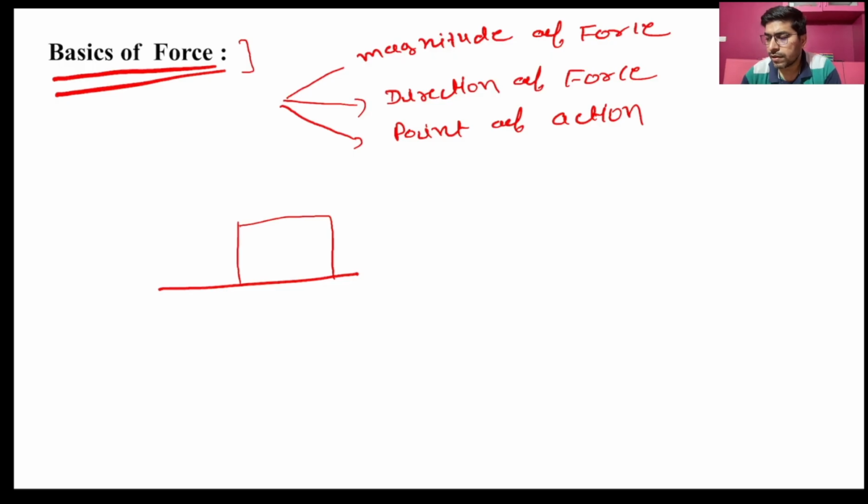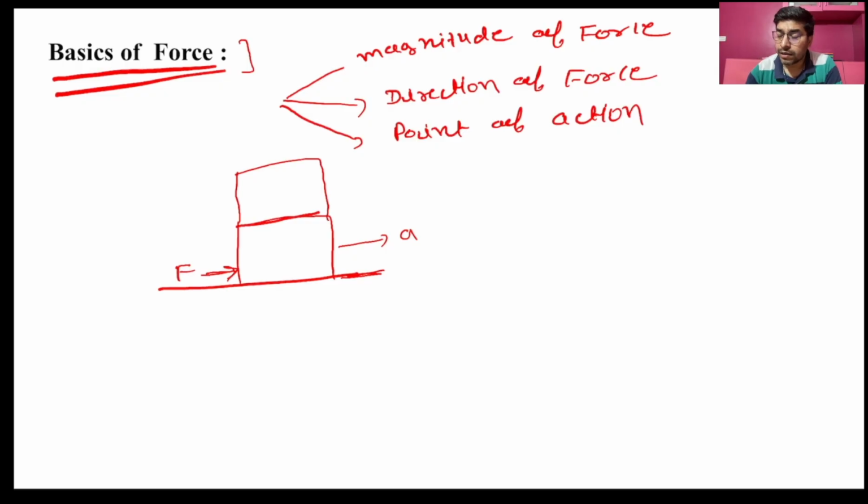See here, suppose there is a big object. If you apply force F at the bottom, this object might start moving, right? Acceleration a will be produced and the object will start moving.